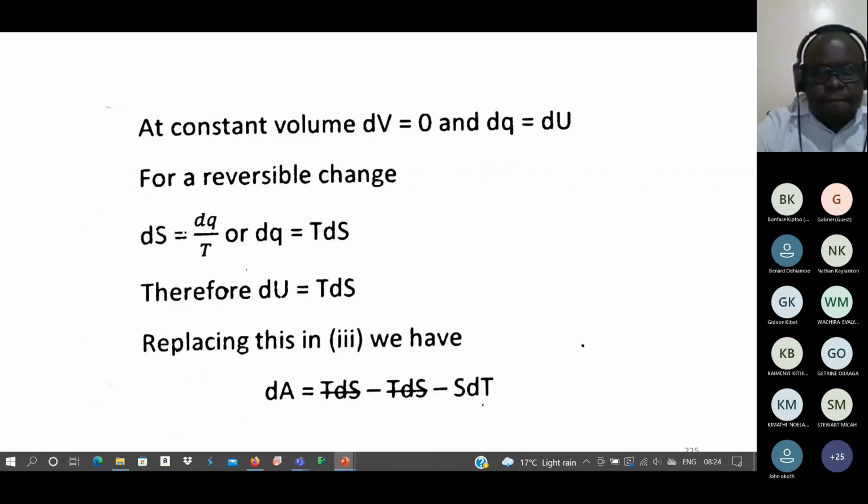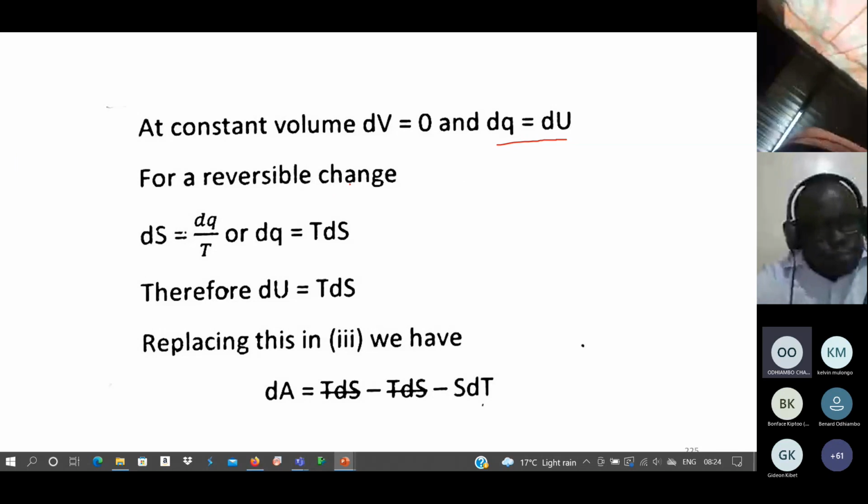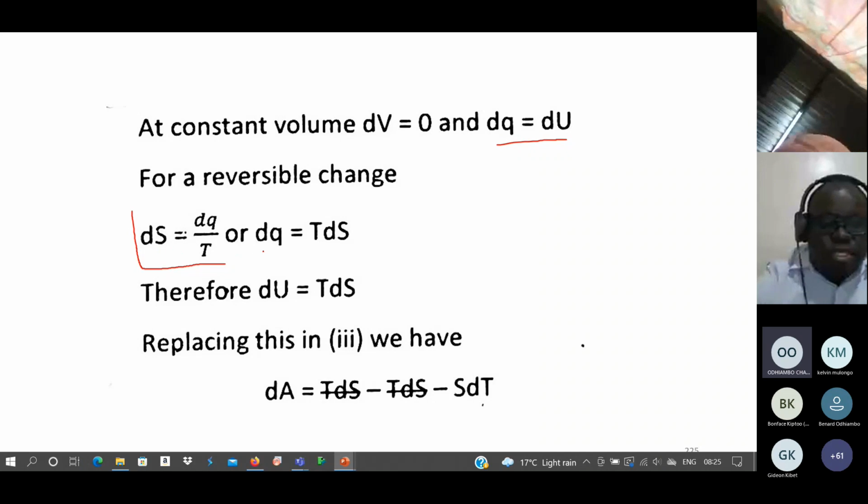So here, this is what we get here. So for a reversible change, again, for a reversible change, we know that the change in entropy, dS, is given by dq over T. And from this, we get an expression for dq.